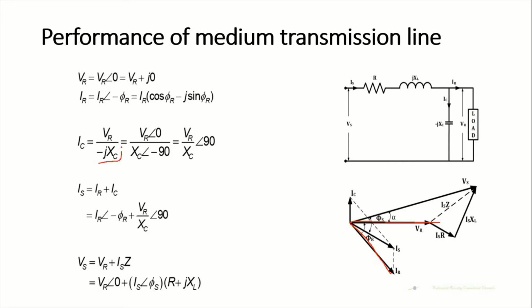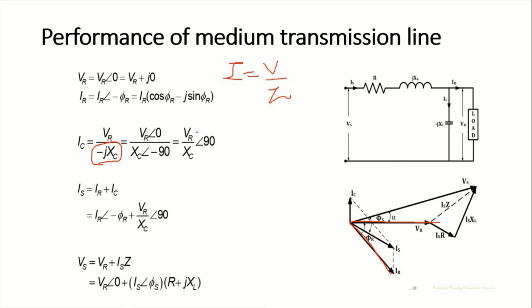Shunt capacitive reactance can be written like this. We all know from Ohm's law that I is equal to V by R or V by Z. Here the capacitive reactance is minus jXC, so we can write VR angle 0 divided by XC angle minus 90, because of the capacitive reactance.